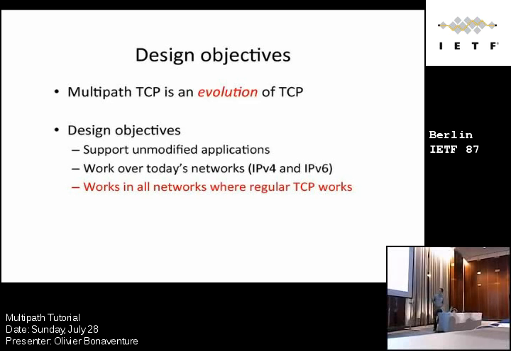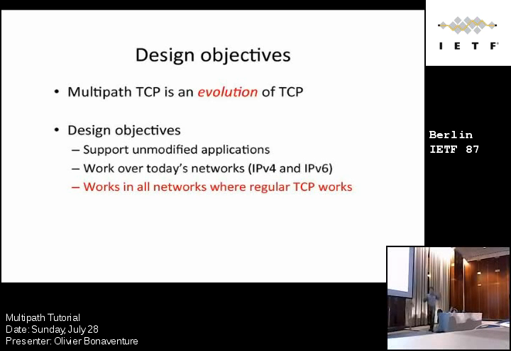We wanted multipath TCP to work over today's network, which means we want to support IPv4 and IPv6. But saying today's network doesn't simply mean that we need to support IPv4 and IPv6. We need to support any type of middlebox that could exist inside the network, which means that, and this is probably the most important design objective of multipath TCP, we wanted multipath TCP to work in all networks where regular TCP works.